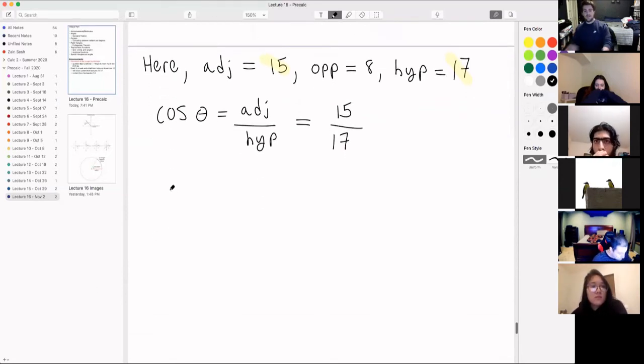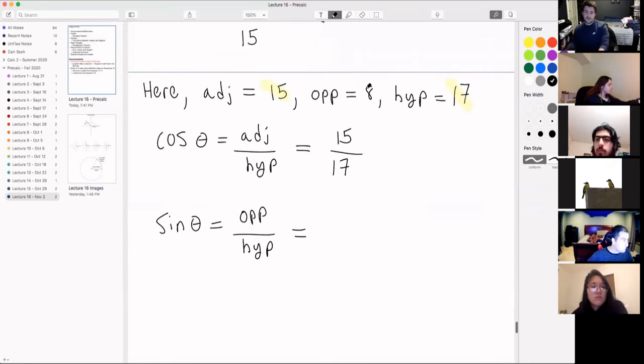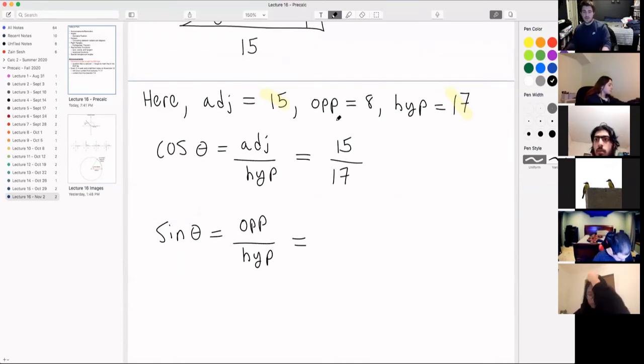And now let's figure out sine. Okay, so firstly, by definition, sine of theta is opposite over hypotenuse. And good, we have all of this information up here. Opposite is 8, so that will go in the numerator. And then you divide by the hypotenuse, which again is 17. So that will be that.